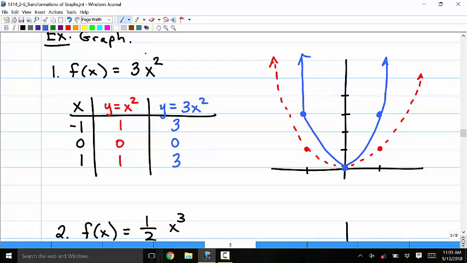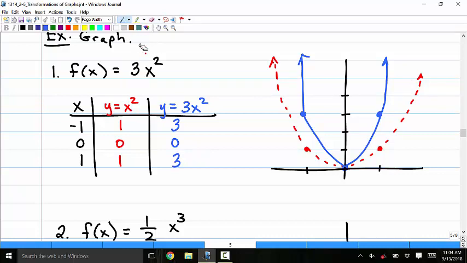All you did was basically pick up the ends of your parent function. You grabbed them with your fingertips and you stretched it up. Why did you stretch it? It's because the number that was out front was bigger than 1.